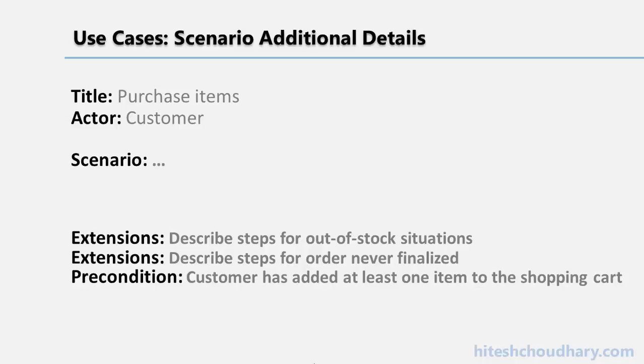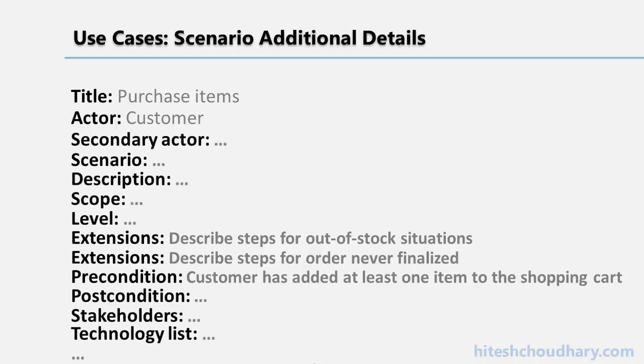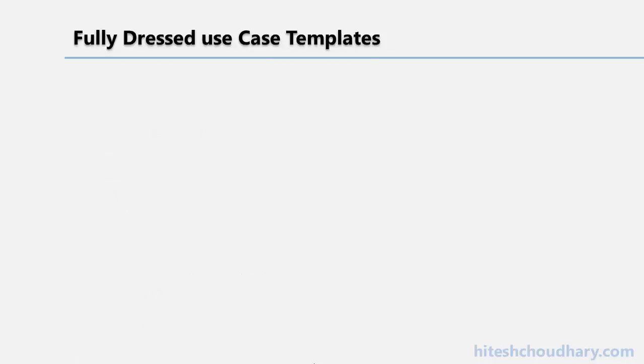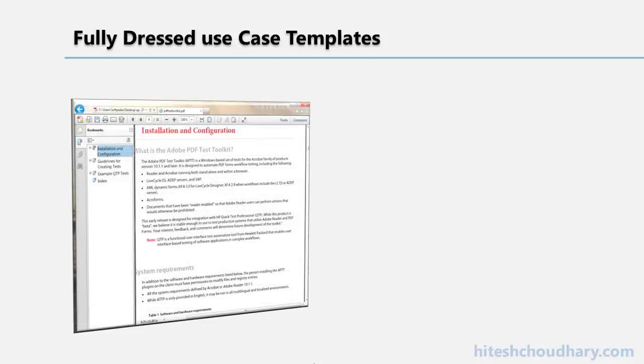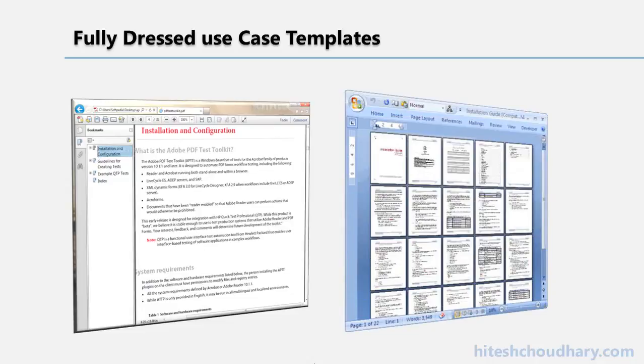And now you can take it all the way to what's often referred to as a fully dressed use case. Beyond the usual title, actor and scenario, include multiple placeholders for a trigger and description, precondition, postcondition. Who are the stakeholders in this? And these often exist as PDF templates or Word document templates that you can fill in, but be careful here.